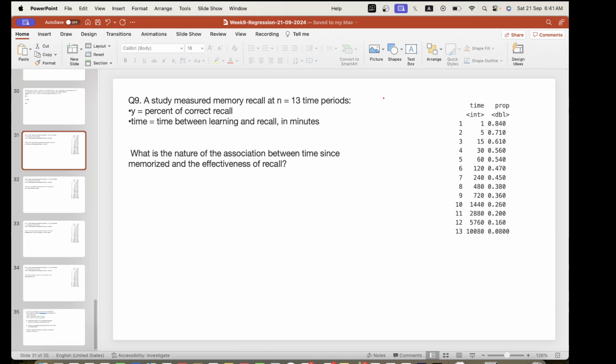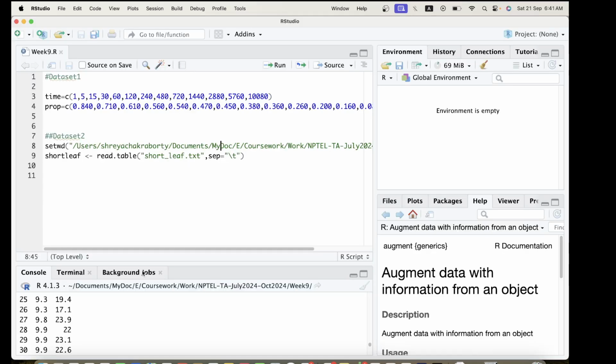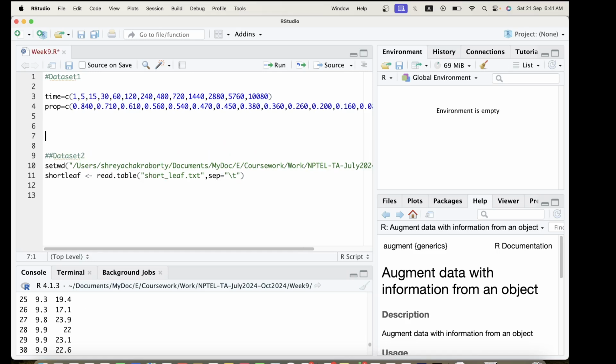What we are interested to see is that if the time given between learning and recall is less, do we have more percentage of correct recall or less, or are these two completely not associated or related at all? In order to do that, let us go to our R console, and this is my data set 1.